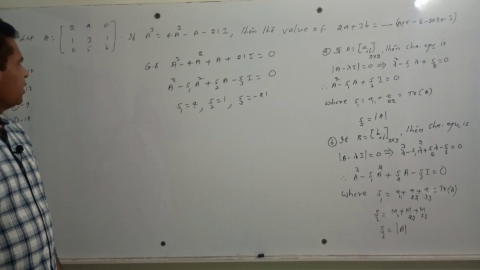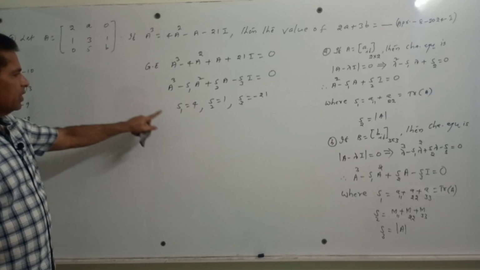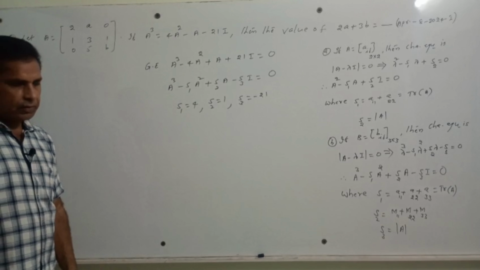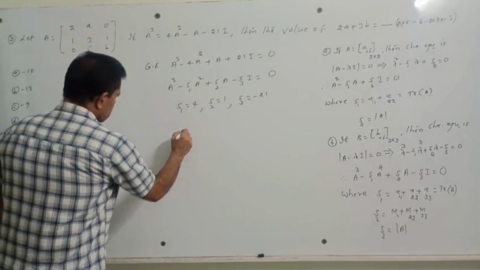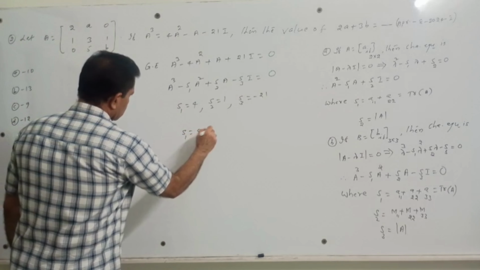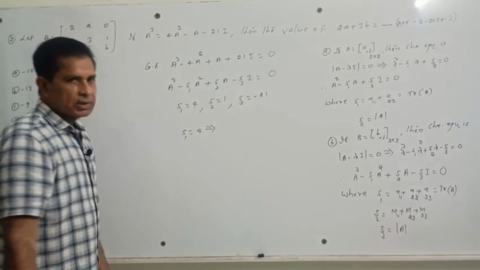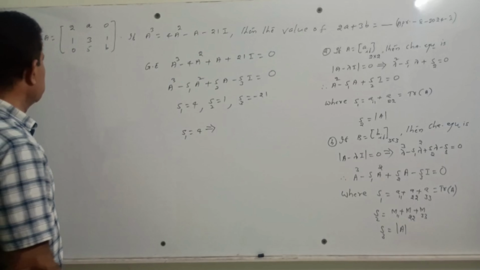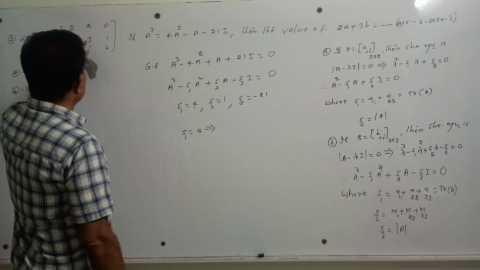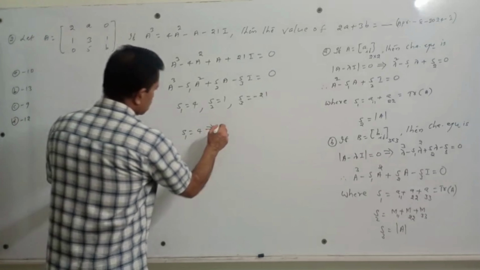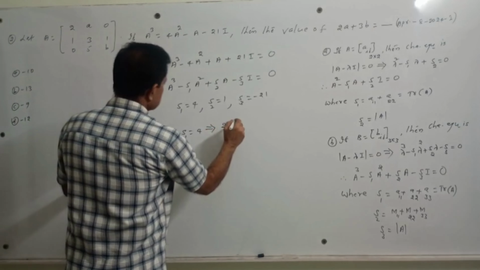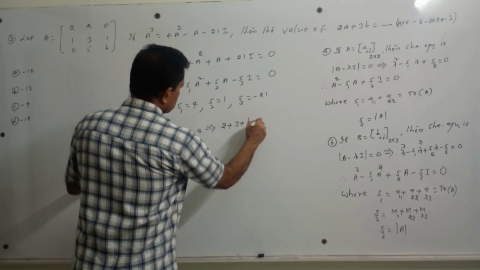Now to calculate the unknown b, directly I can take S1 is equal to 4. What is the meaning of S1 equal to 4? The sum of the elements in the principal diagonal, that is 2 plus 3 plus b, is equal to 4.